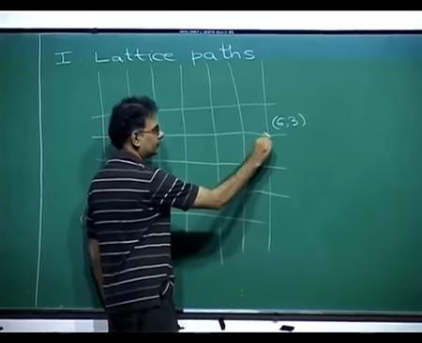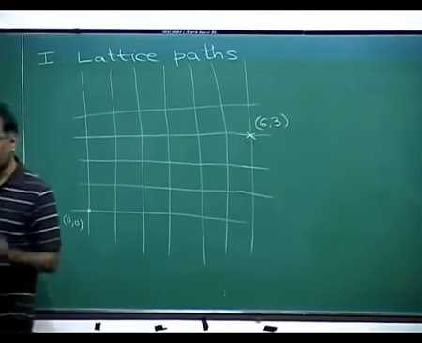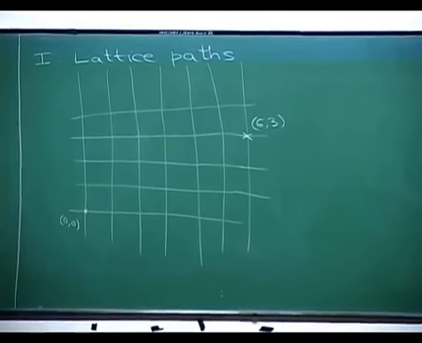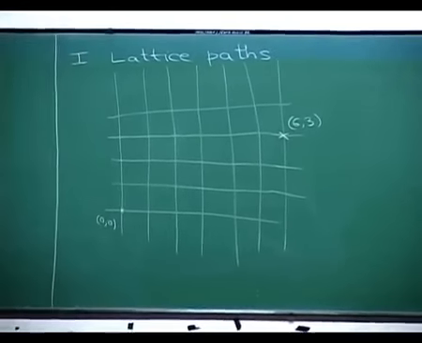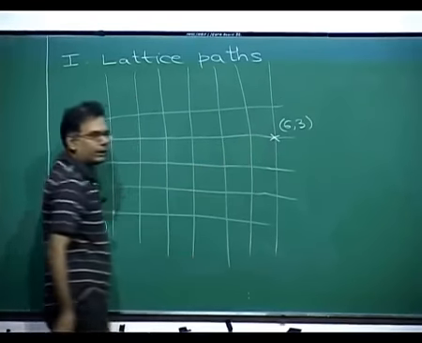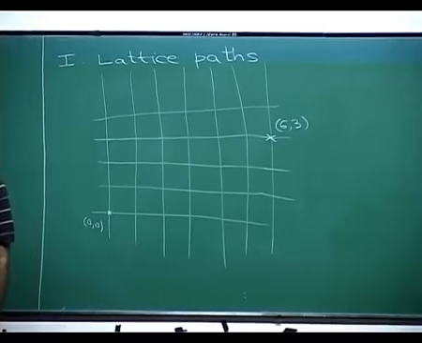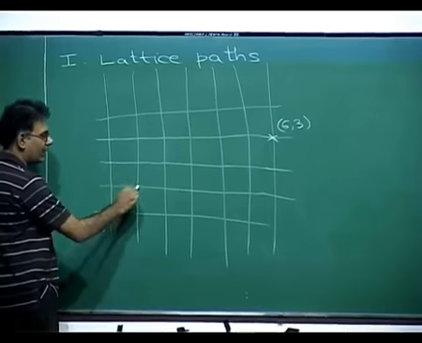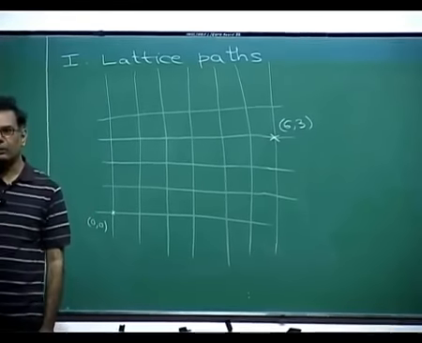6, 3. So 2 points in the plane with non-negative integer coordinates, and what we would like to do is get from 0, 0 to 6, 3. We want to get to it following certain rules. Each step we can take can be either up or to the right, and each step is exactly 1 unit in length.